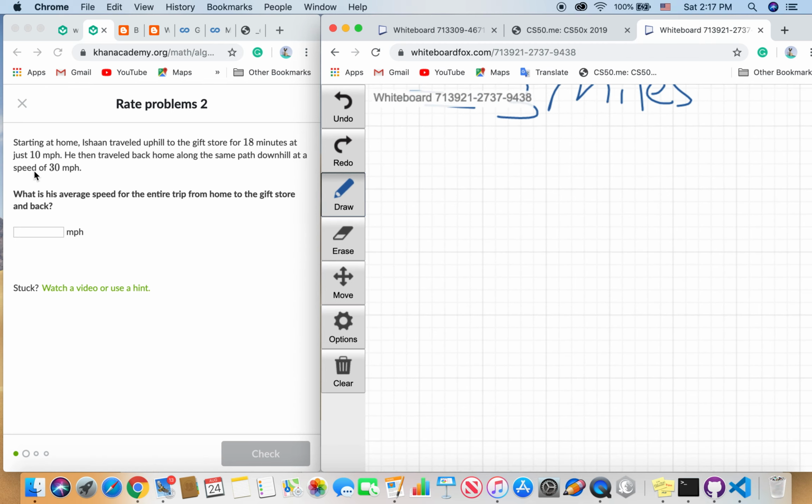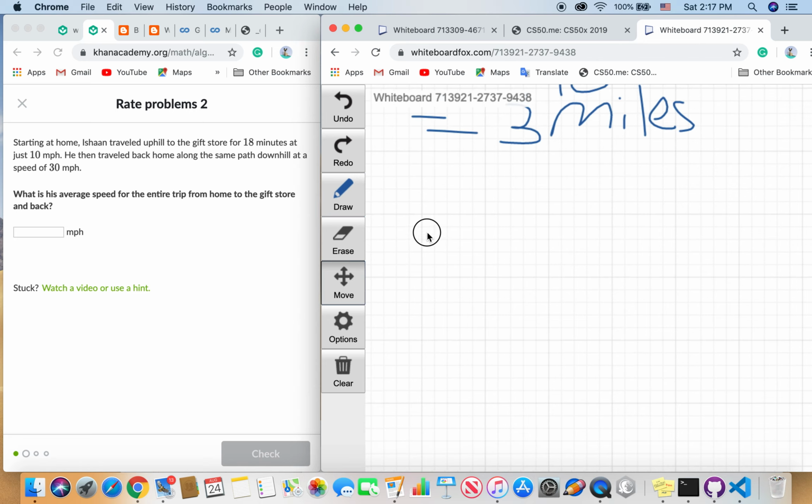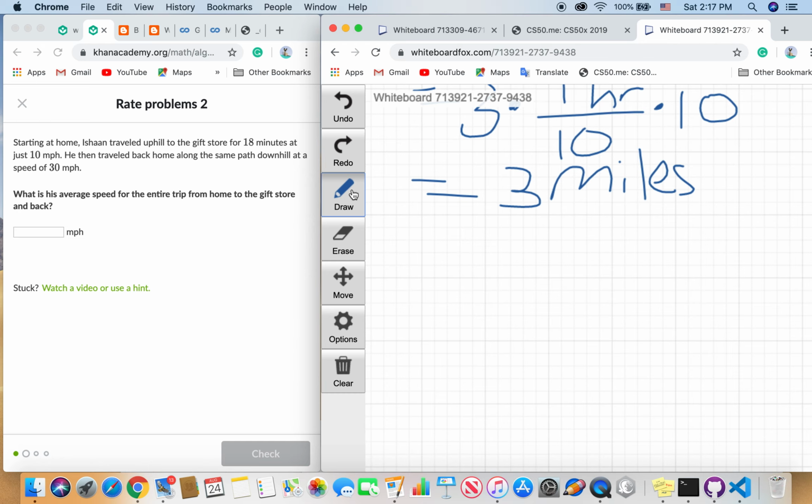So what do we get right here is we have 3 miles. And then his speed is 30 miles per hour. I'm going to use distance divided by speed, which is equal to our time.